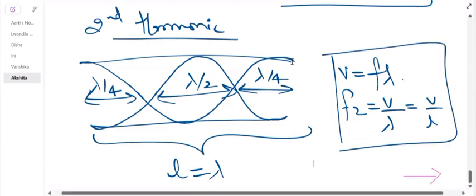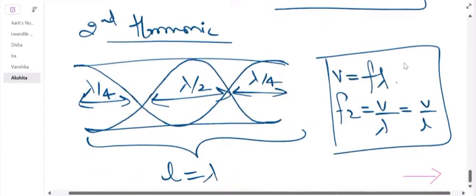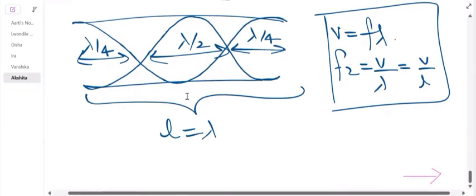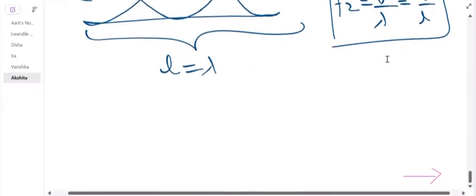Check over here. The first is V over 2L and the second will be V over L. Isn't it? Any doubts? Okay. So this one is the thing. Now let me show you this thing over here also.